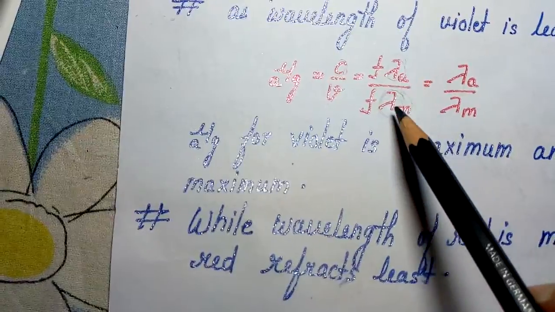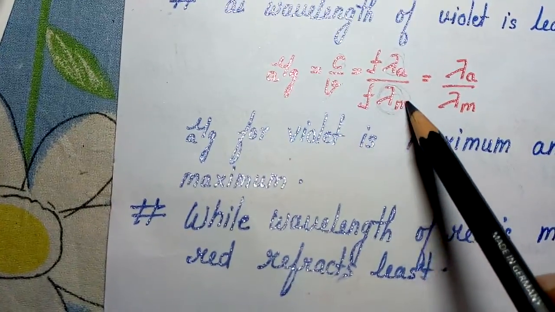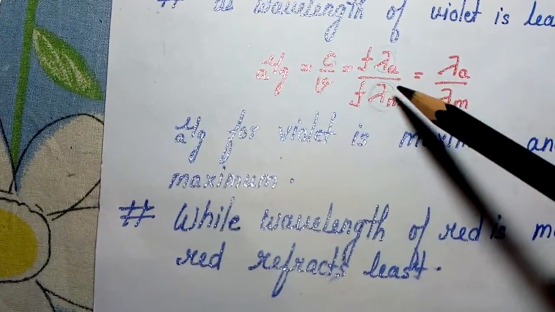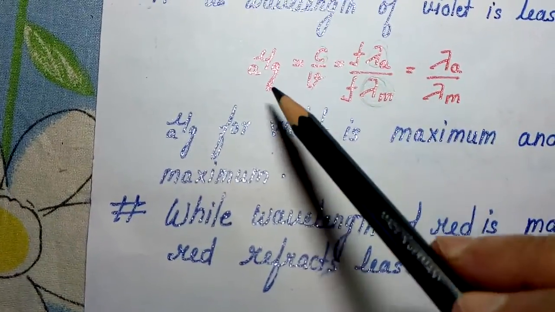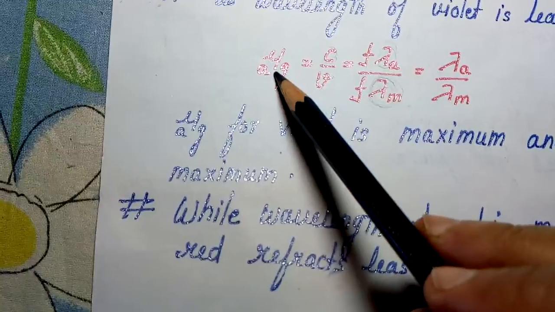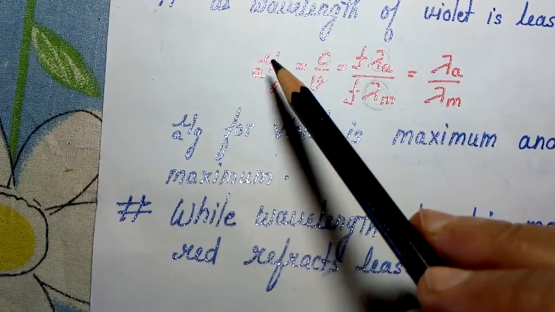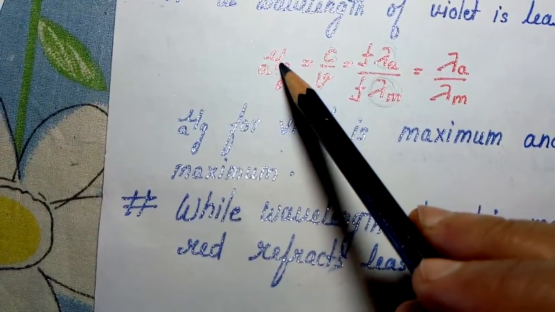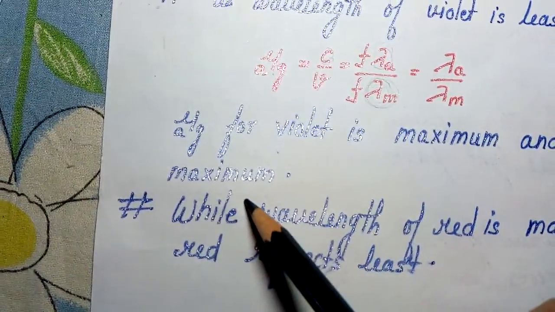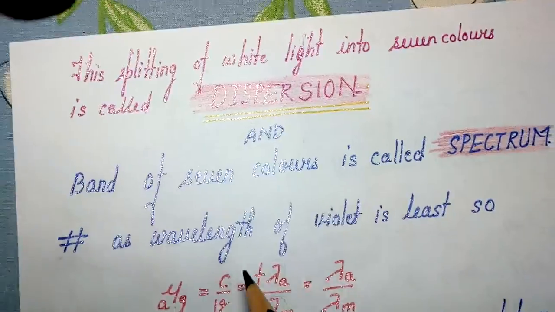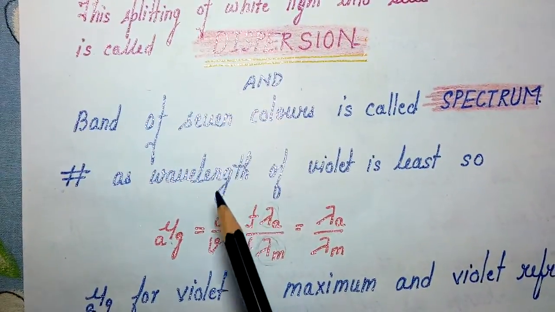It becomes lambda m in a particular wavelength. Since red color has maximum wavelength, so its refractive index is least. So glass refracts the red color least, bends the red color least. While what happens with the violet?